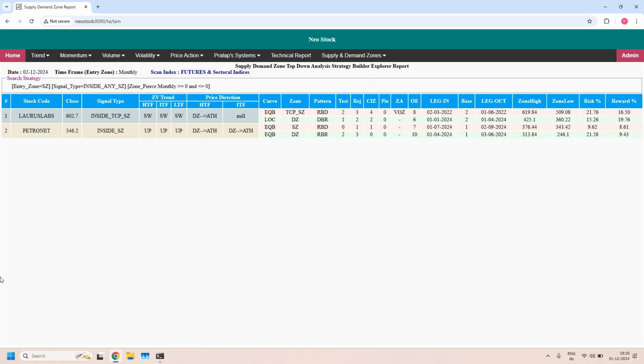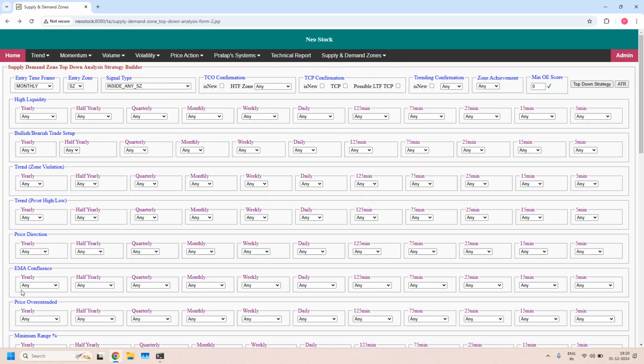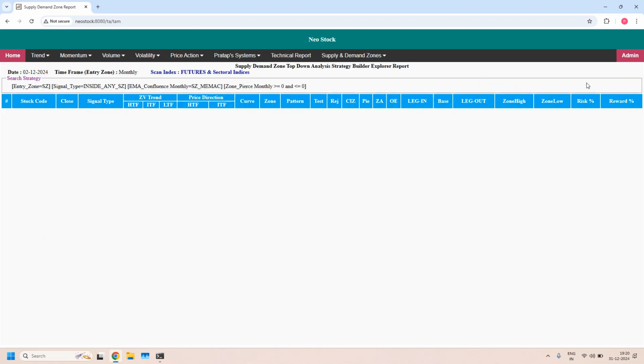Okay, next we will verify whether any of these zones have monthly EMA confluence. So in the EMA confluence monthly time frame, selecting the filter monthly supply zone having a monthly EMA confluence. No stocks are having monthly EMA confluence.